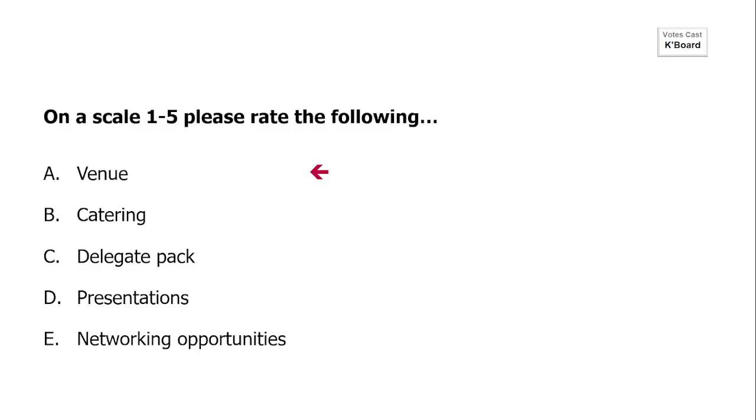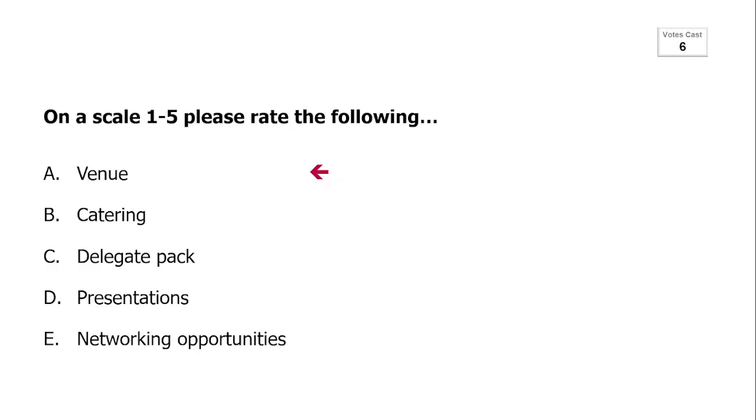What we're seeing here is a little arrow that says that currently I want everybody to evaluate the venue. So on a scale of 1 to 5, where 5 is excellent, how much did you like the venue? In order to get through this quickly, I'm only going to cast 6 votes on here. So let's get some votes in there so we can see 1, 2, 3, 4, 5, 6 people have voted.